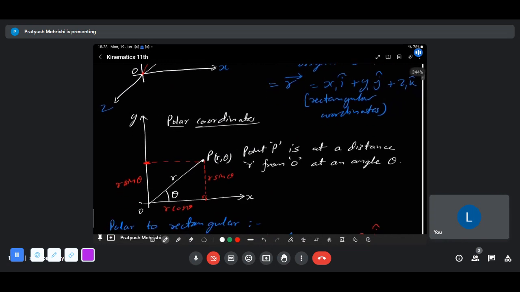I hope you already have the notes along with you of all these things. Always take out your notes and sit with them.